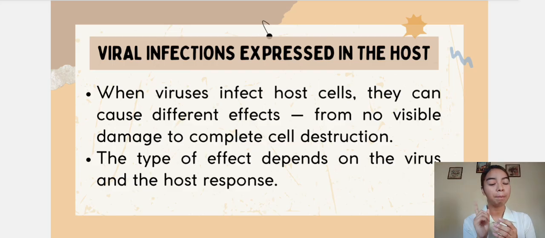If the person has a low immune system, the symptoms of chickenpox are a lot worse than typical, and it can also lead to pneumonia. But if the person has a strong immune system, the symptoms of chickenpox can be milder than usual. So that is how the effect depends on the virus and the host response. Let's move on to the next slide.